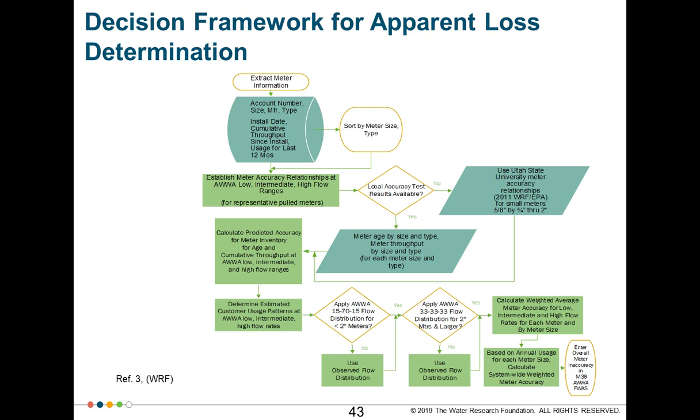This decision tree is focused on a key element of quantifying what is typically the largest component of apparent loss, customer meter inaccuracy. The process described here relies on a robust database of the utility's installed customer meter inventory. The objective of this process is to define customer meter inaccuracy for the purpose of entering a value in the top-down water loss audit.